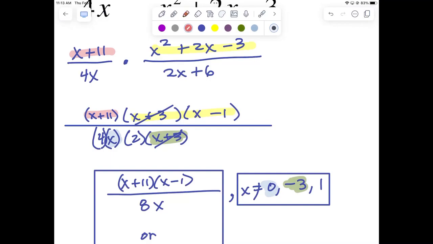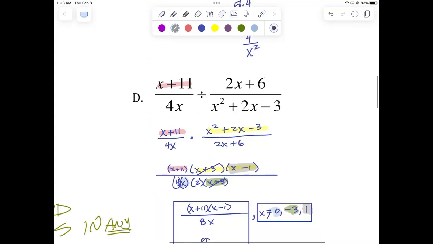But there's another guy here. The x minus 1 was in the bottom to begin with, so x can't be 1. But the x plus 11 was never in the bottom, so -11 is okay. He's the only variable factor that has a root that's allowed. So kind of an oddball right here.